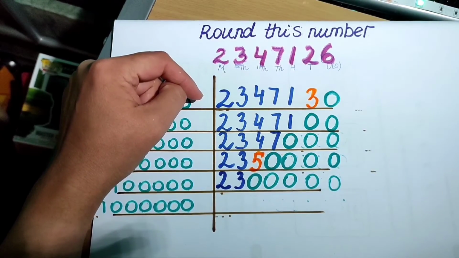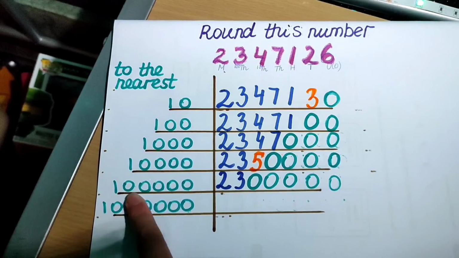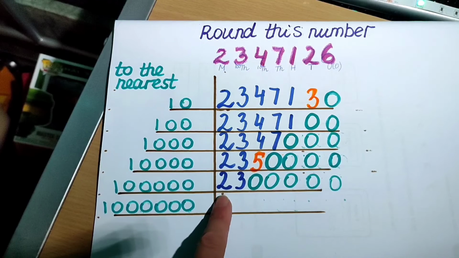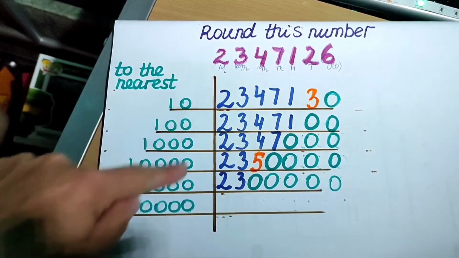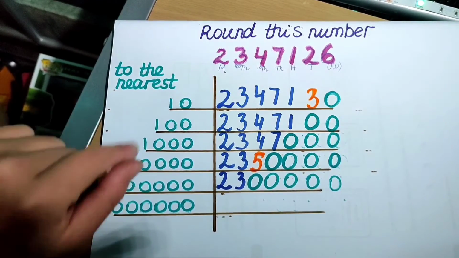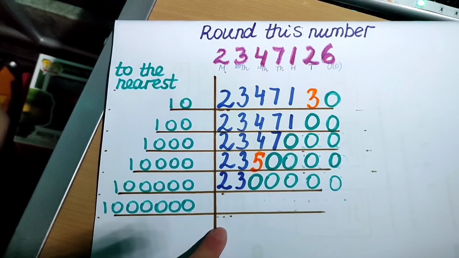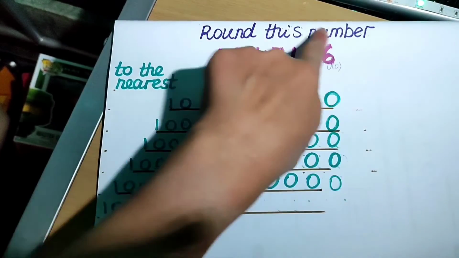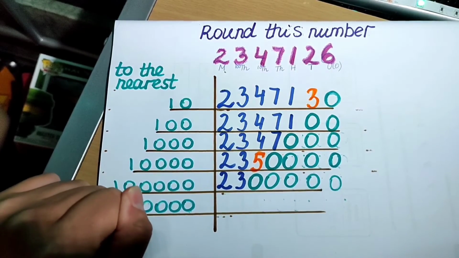Okay, so when we're rounding this number to the nearest 100,000, it's going to be 2,300,000. And now we are doing the final rounding. We are rounding this number to the nearest million. Is all of this number closer to 2 million or is it closer to 3 million?